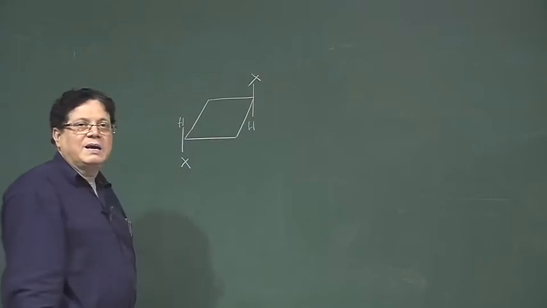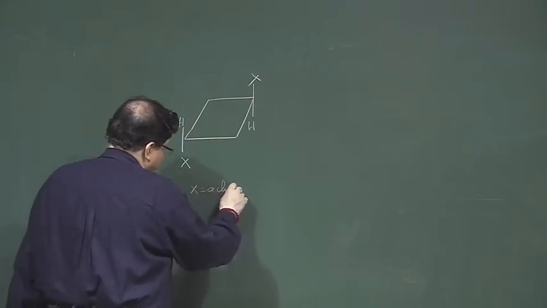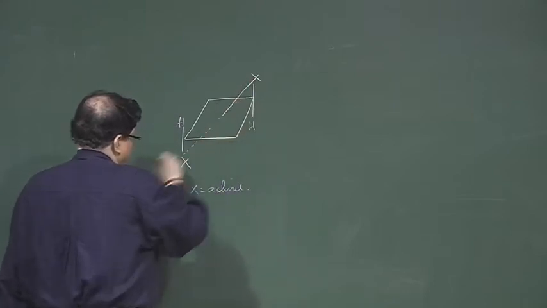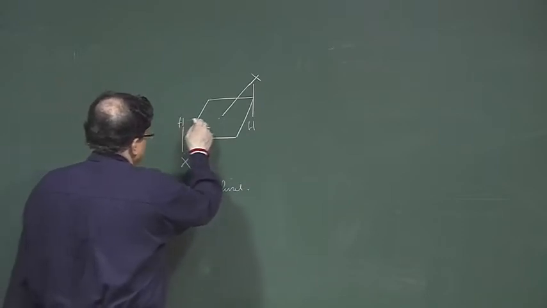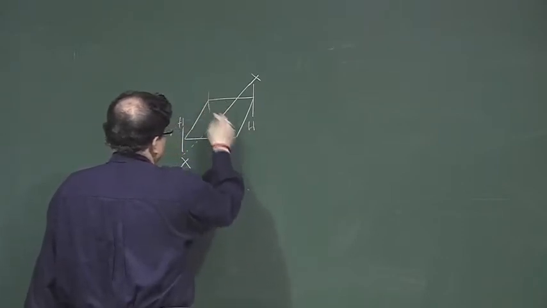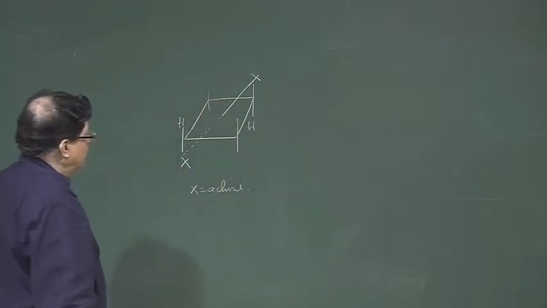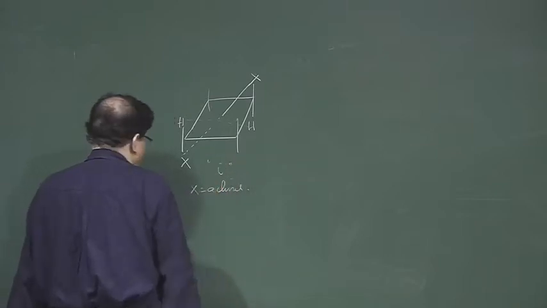If X is achiral, then there is no problem that this matches with this at equal distance, and this hydrogen also matches with this at equal distance, and these hydrogens will of course, because you have to check all sides. So, it has got an I, but why is it called an inversion point?